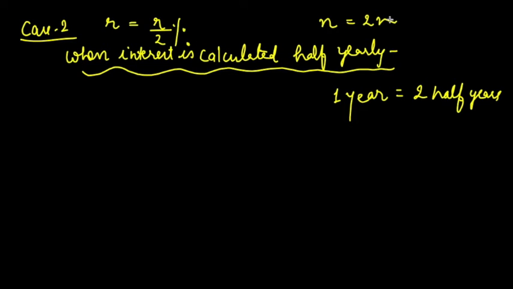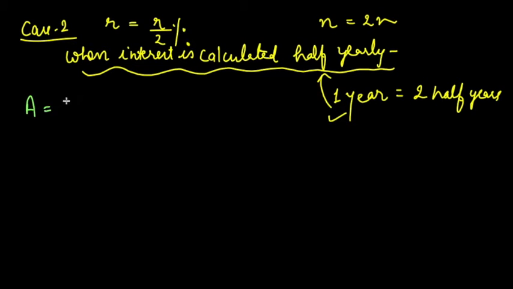Instead of n as 1 year, since you are calculating it half yearly, it means you are paying it twice, so your n becomes 2n. So this is very important to understand, and accordingly your formulas get changed. How?